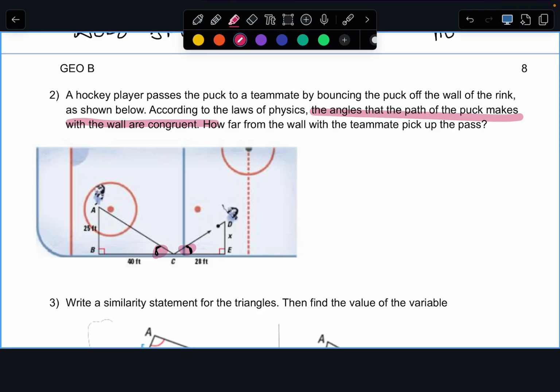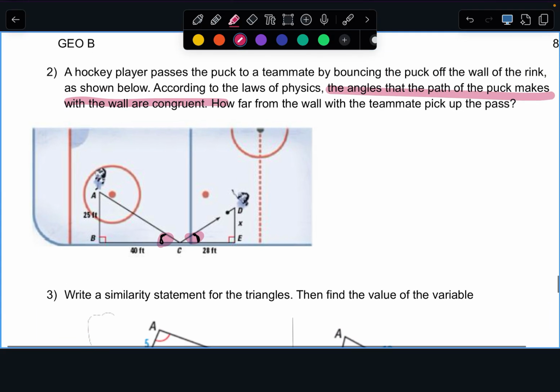The question is, how far from the wall will the teammate pick up the pass? Before we do anything, we have to figure out if we have similar triangles here. Okay? I have one angle already highlighted. I need one more. Does anyone see a congruent angle from here to here?